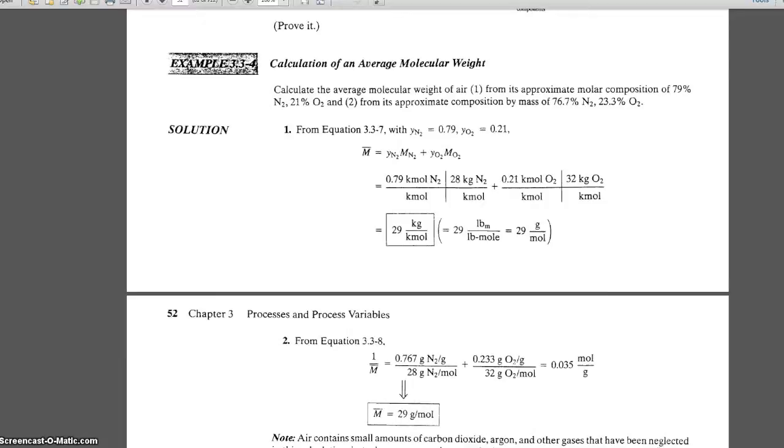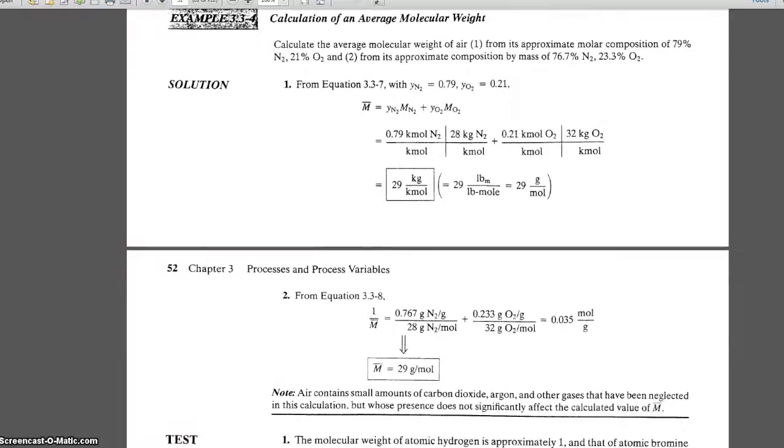So let's look at equation 2, where we're using the mass fraction. Nitrogen is 0.767 gram of nitrogen per gram of gas. You divide it by its molecular weight, oh my god, not mass fraction.